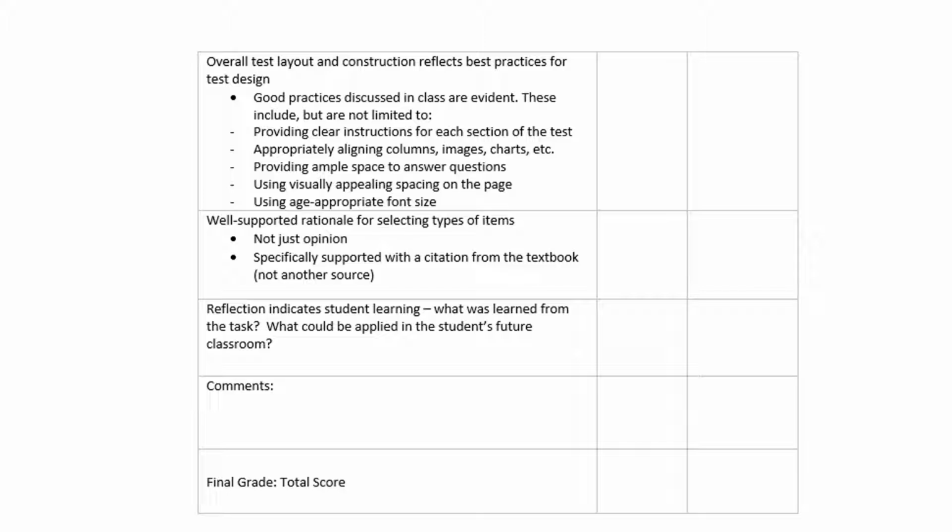In addition, there is a reflection piece that indicates what did you learn and what could be applied to your future classroom. So just like in other assignments, a reflection is not a conclusion. It is a thinking about your own learning and discussing it in depth.